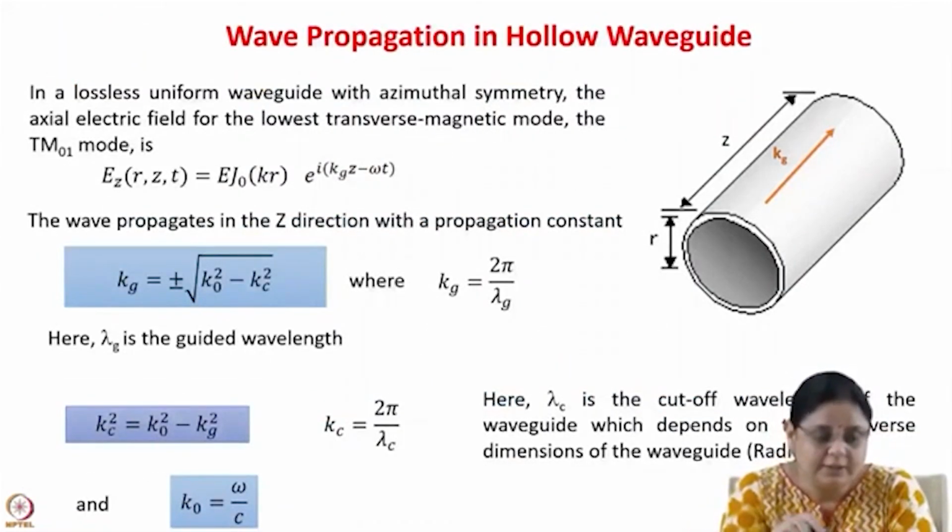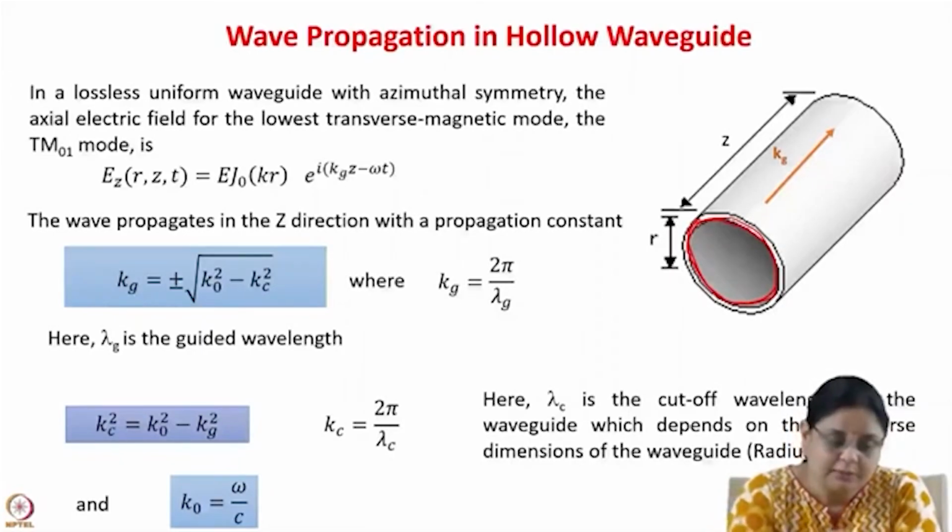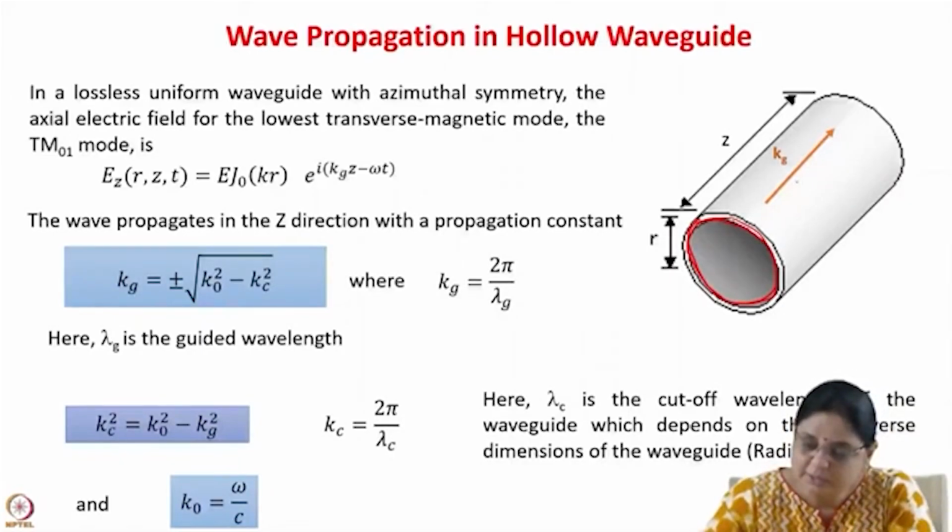So let us consider a lossless uniform waveguide. This is a hollow waveguide of circular cross section, and we've already studied the fields in this structure. Since there is no boundary in the z direction, it is a propagating wave in the z direction with a propagation vector kg.